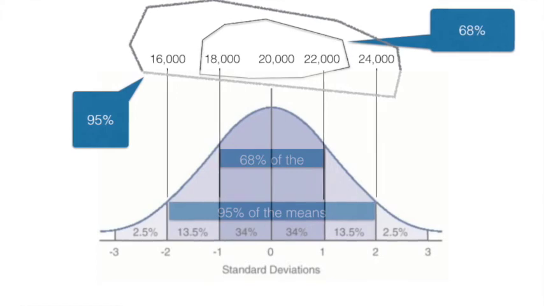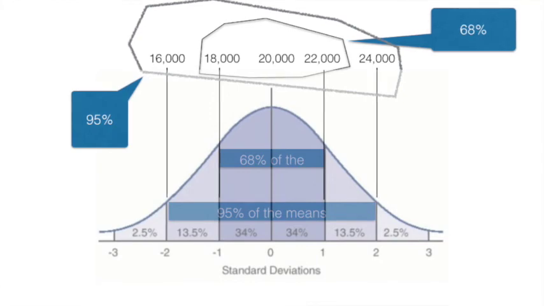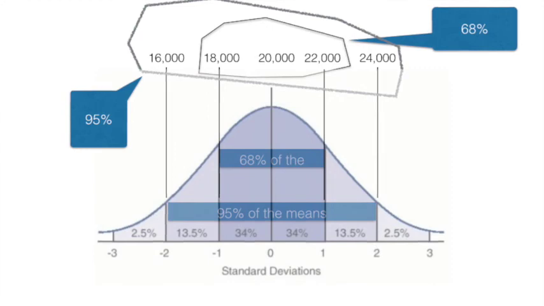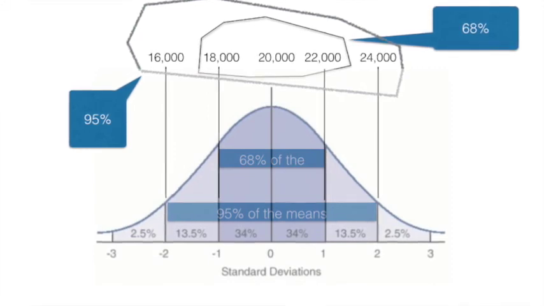Right? So, 18,000 to 22,000. 20,000 plus 2,000 is 22,000. 20,000 minus 2,000 is 18,000. Right?